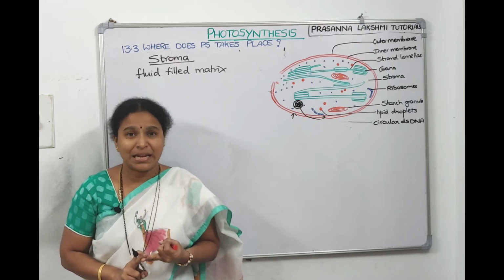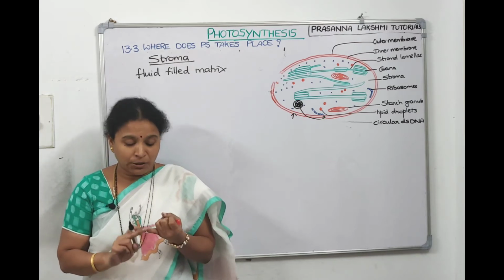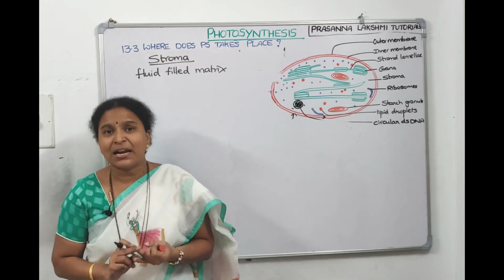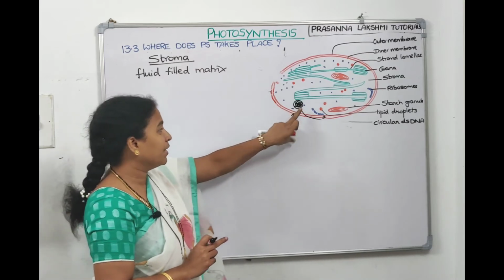Mitochondria and chloroplast are semi-autonomous organelles. They have their own DNA. The DNA of mitochondria and chloroplast is naked, a circular double-stranded DNA molecule. That's what I draw here.